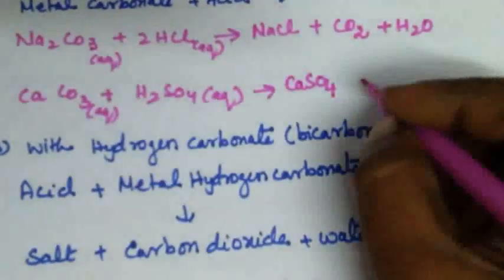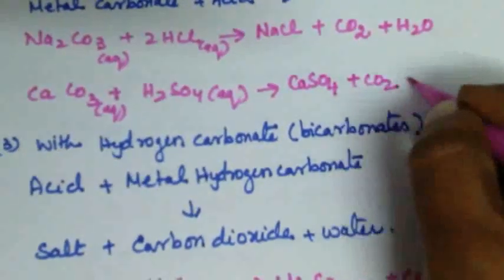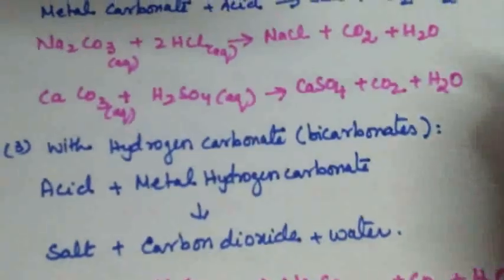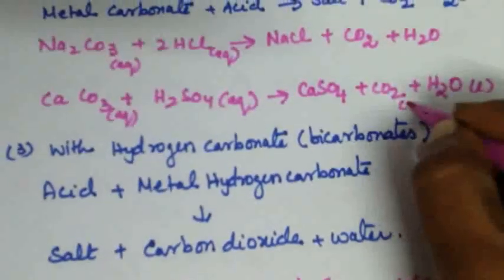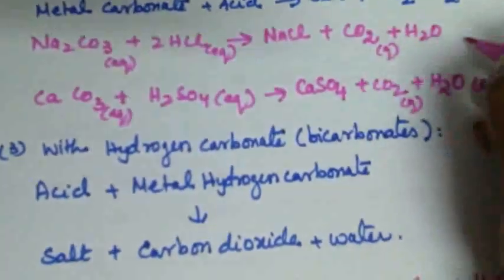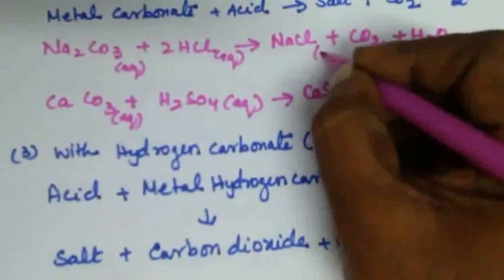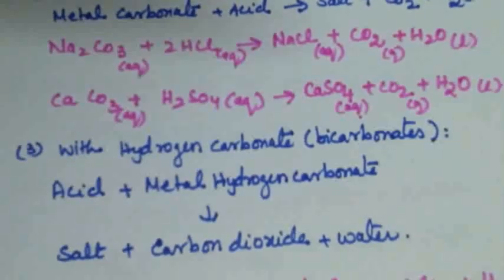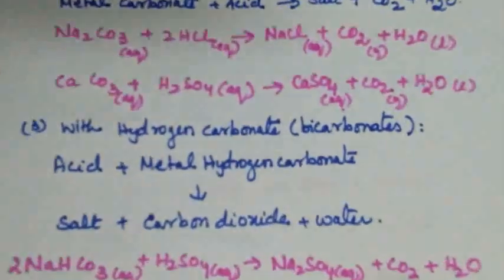Since carbonate is there, the product is carbon dioxide. What is the other byproduct? It is water. That's it. Good. If you want, you can mention their state. Salts are generally aqueous in nature because we have water. So this is the reaction.